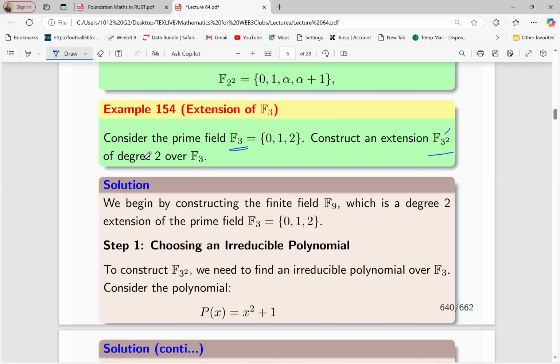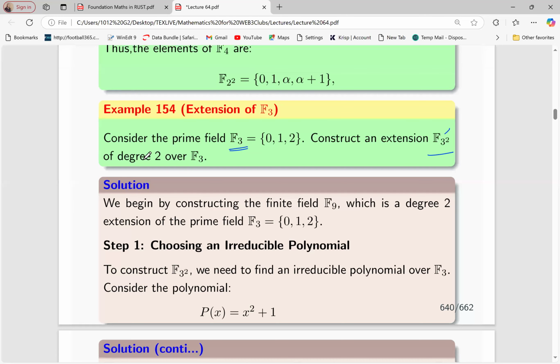The elements of the extension would be of the form A plus B alpha, and there will be 9 of them, where A and B are elements of the base field. So let's now proceed and obtain the elements of the extension.